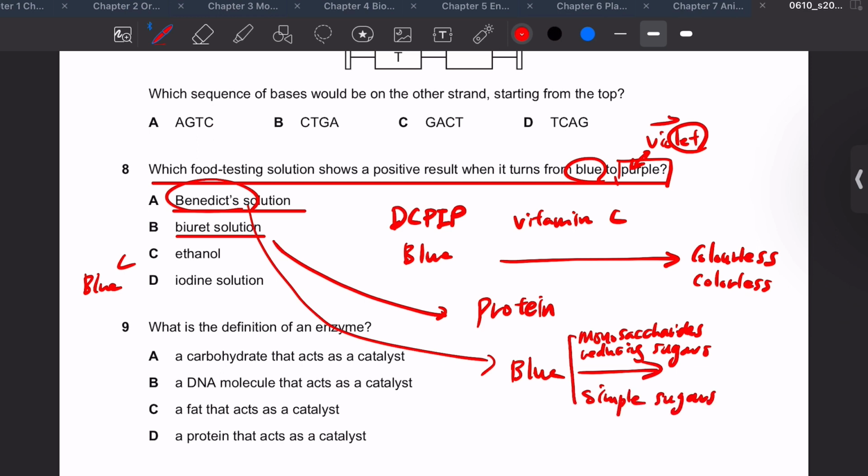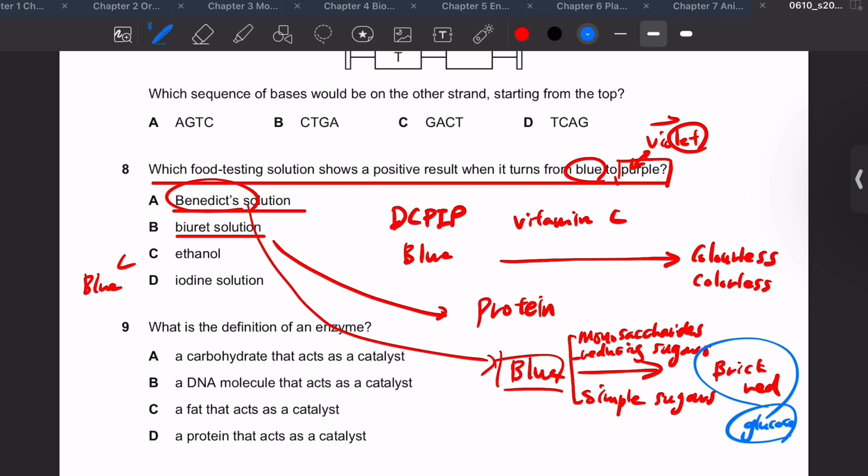Anyways, it changes the color from blue to brick red if there are many simple sugars, such as glucose molecules. If there are many glucose molecules, then the blue color will change to brick red.